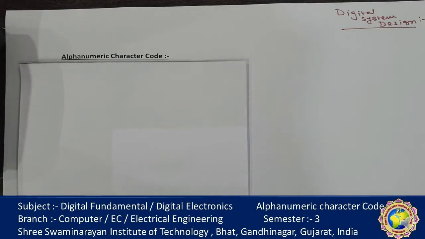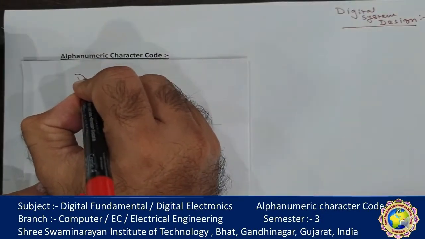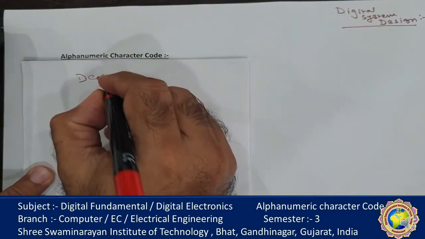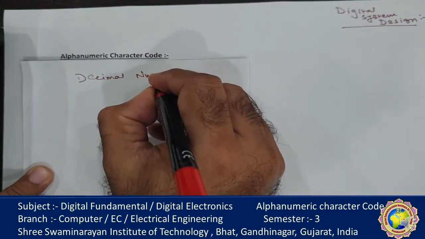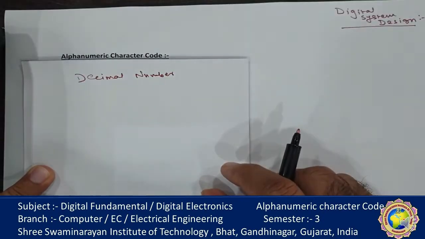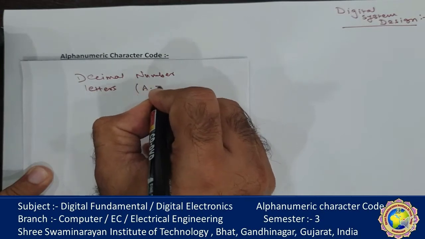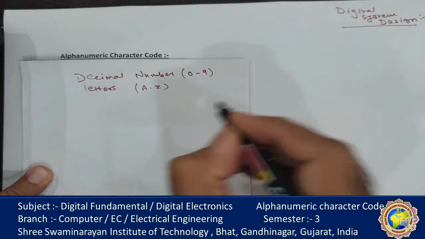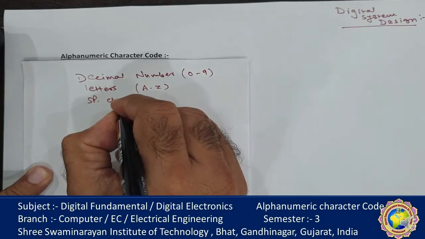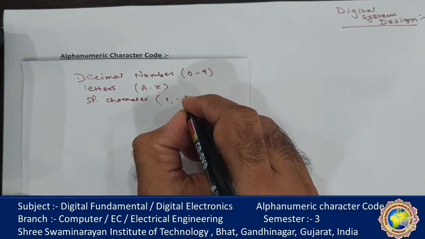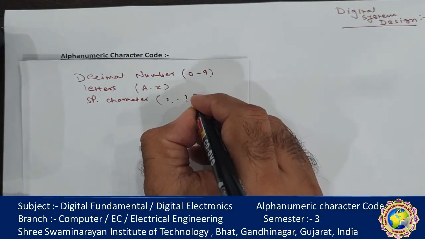Many applications require handling data consisting of not only numbers but also letters, like alphanumeric letters A to Z, special characters like comma, full stop, and different signs.